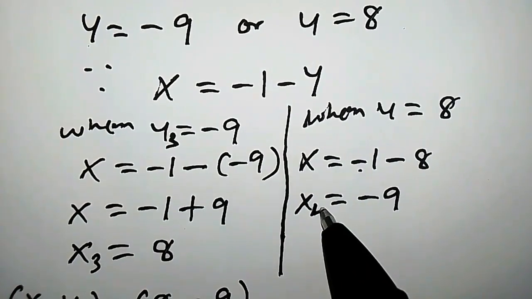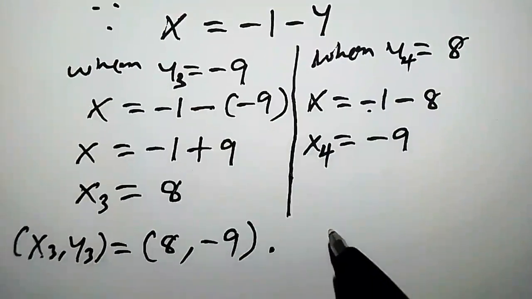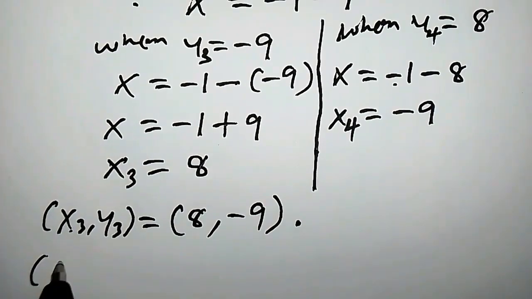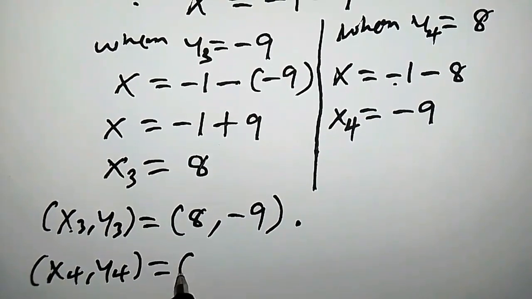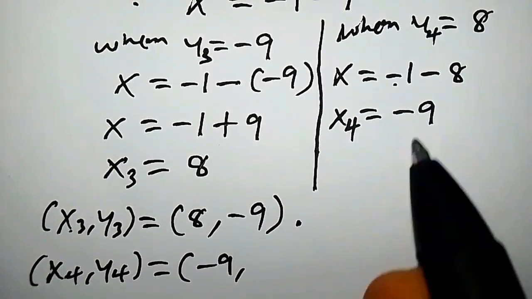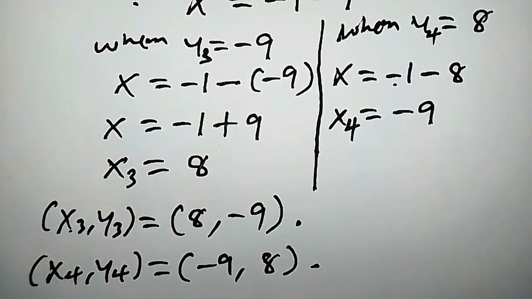Let's call this x4 and this y4. Thus, the fourth solution is simply x4 comma y4 equal to x4 is negative 9, y4 is 8. This is the fourth solution.